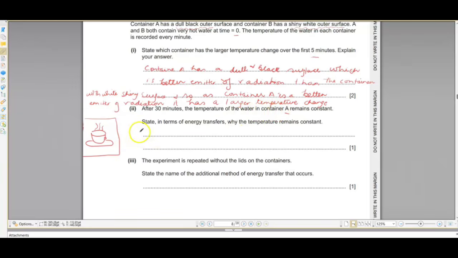Okay? So we can write over here that the rate of energy loss from water to the surroundings is equal to the energy gain from the surrounding.